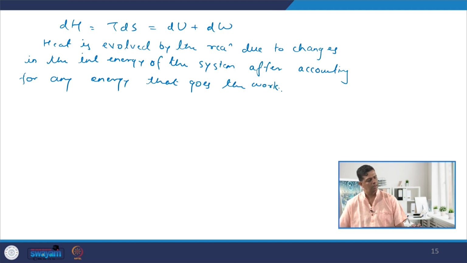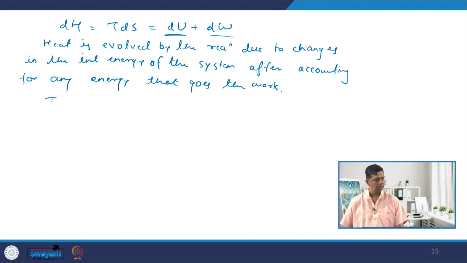So basically the heat will be released by any reaction. Once the work is done, the remaining amount is basically used for changing the internal energy of the system.